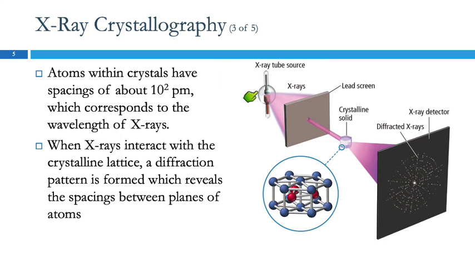So here we have an X-ray source, and we focus this beam onto the solid, and as the X-ray goes through this solid, those waves are going to get deflected and cause interference, and we'll see a diffraction pattern here that reflects what's going on in the crystal.